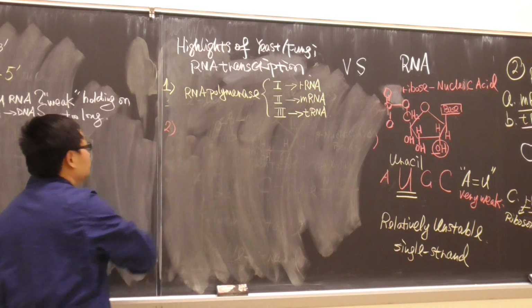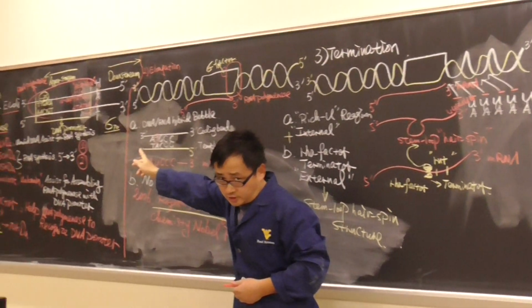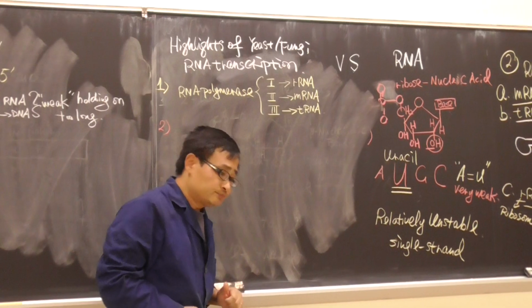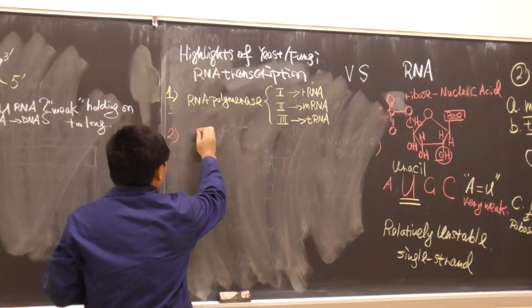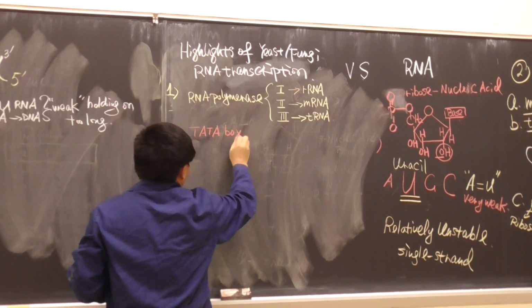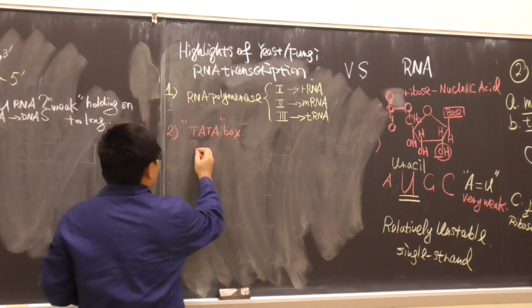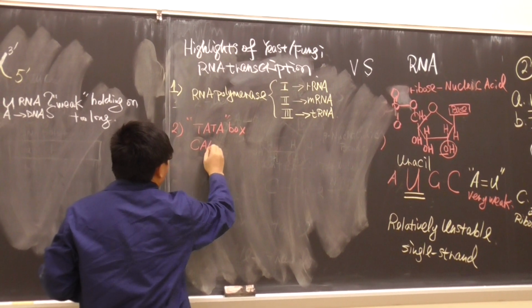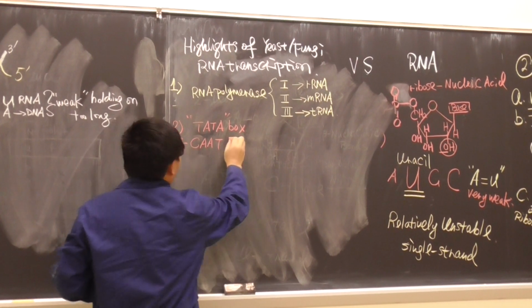Number two, look at the promoter. It's very specific, is that right? Conserved sequence. For eukaryotes, it is also going to be more conserved, different. They will have the TATA box as their promoter sequence. They will have the so-called CAAT and the GC box.